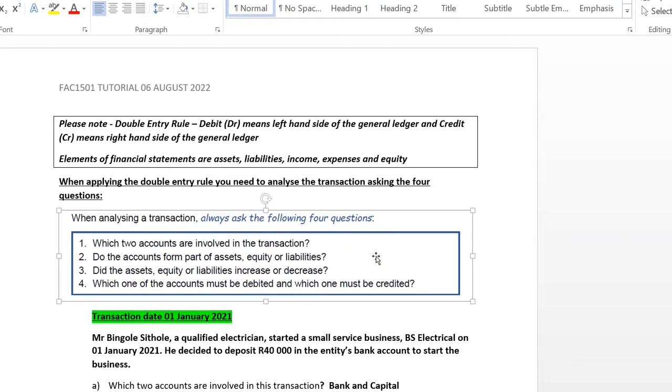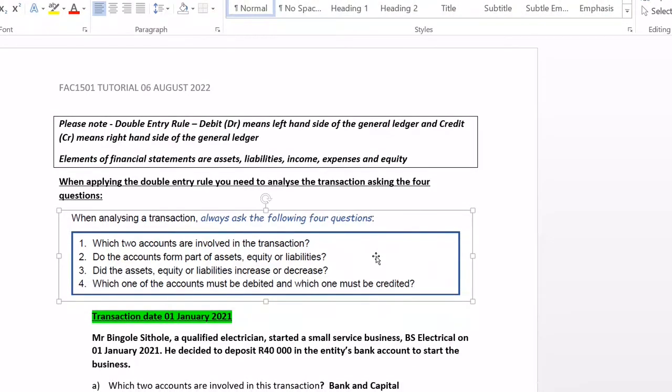So if they say equity is increasing, they mean your income is increasing. If they are saying equity is decreasing, meaning the company is making a loss, there are more expenses in comparison to income for that period.